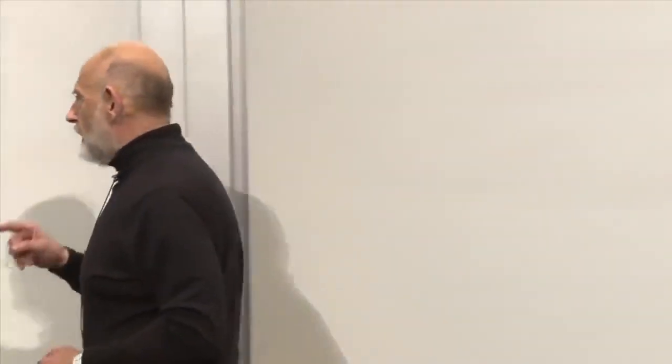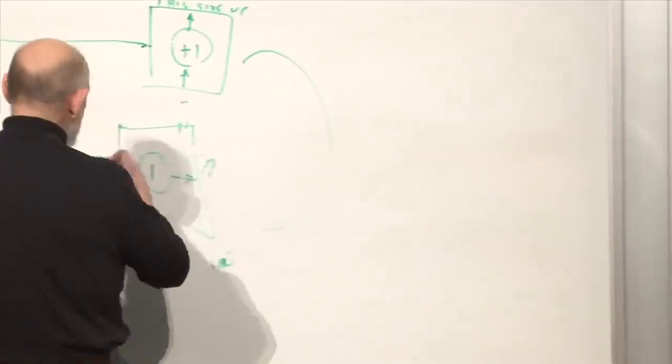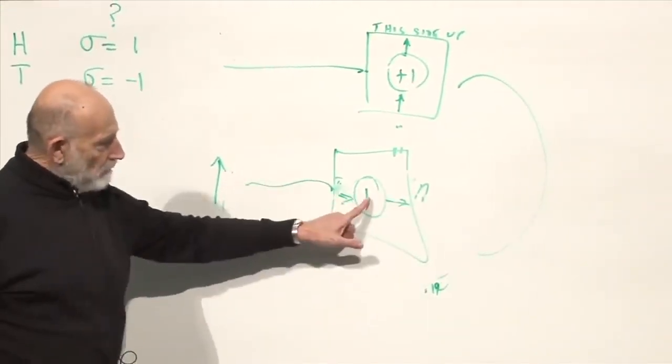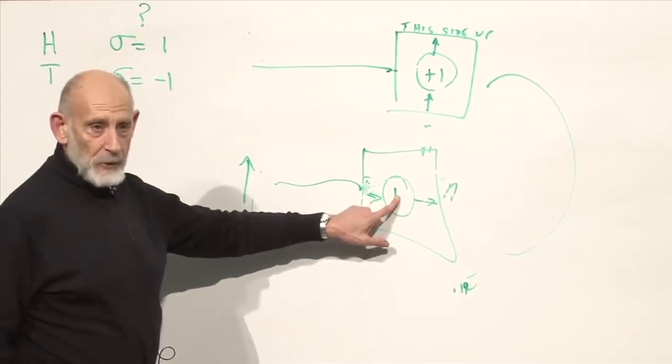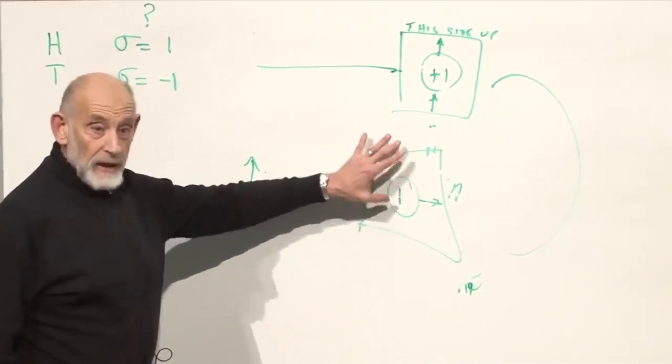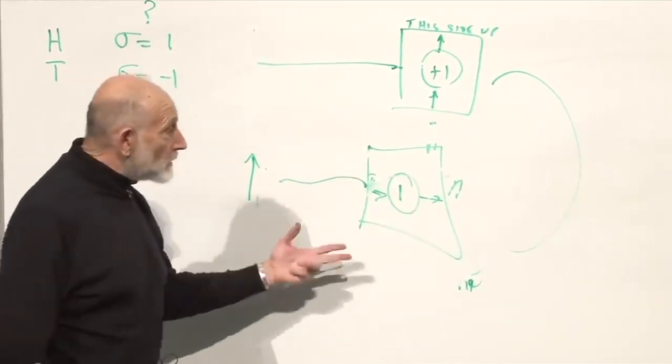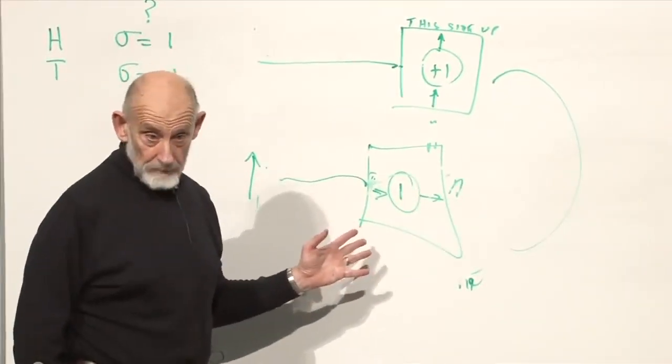The answer is random, but only the first time. Once I do it, and I determine whether the horizontal component is +1 or -1, then it's determined, and if I do the same horizontal experiment over and over again, I will continue to get the same answer.